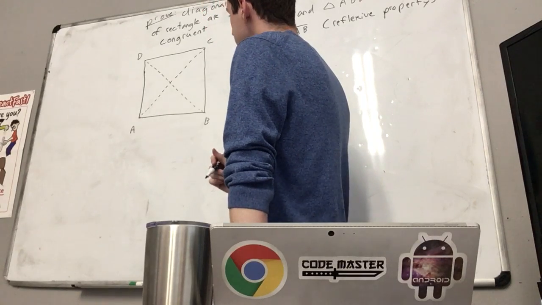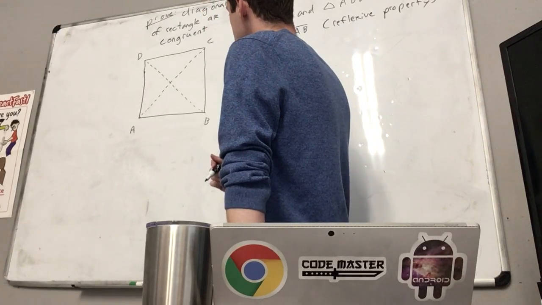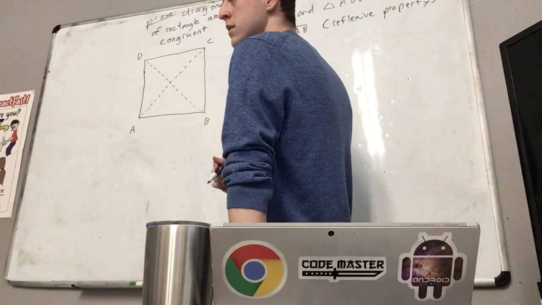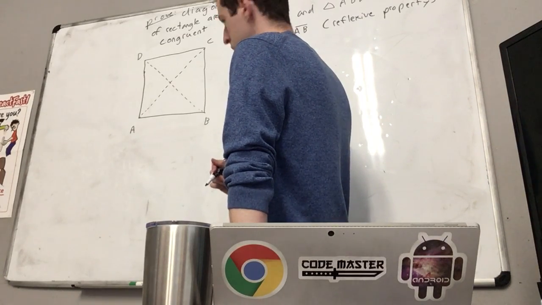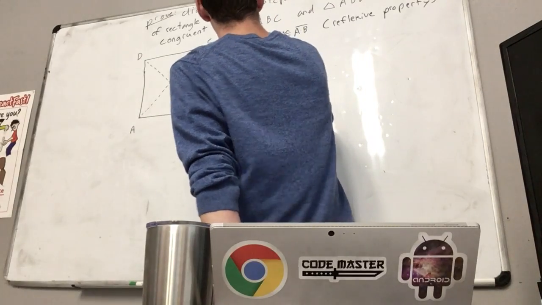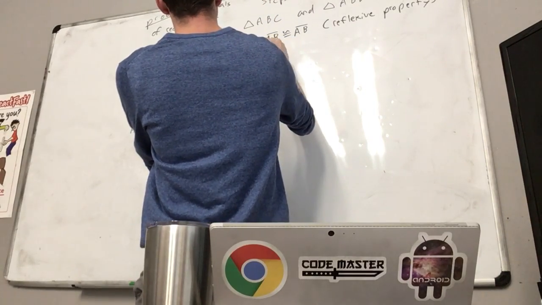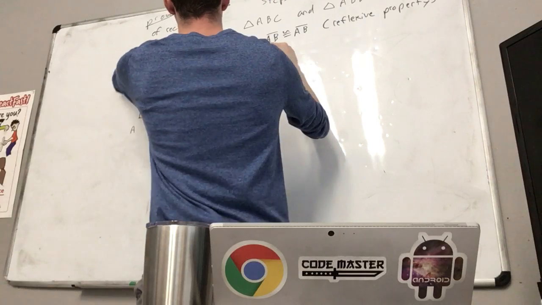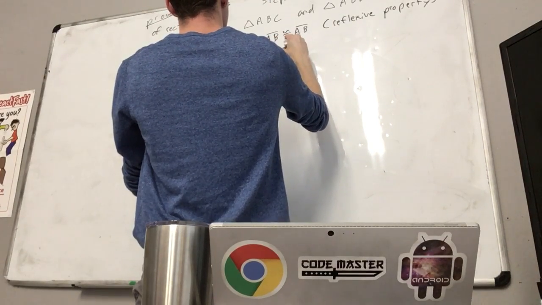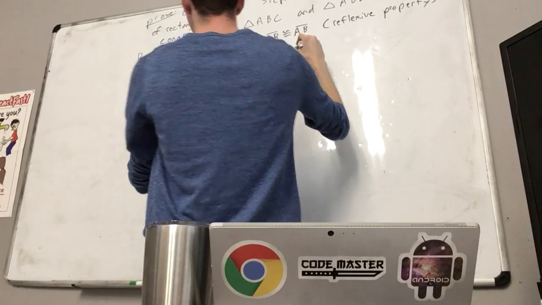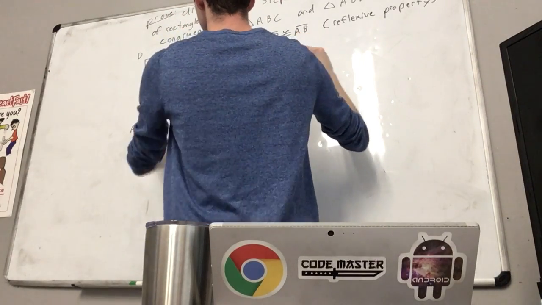Angle DAB and ABC are equal because it's a rectangle, and all angles are 90 degrees. Okay. I'm gonna get them all in one shot, actually.